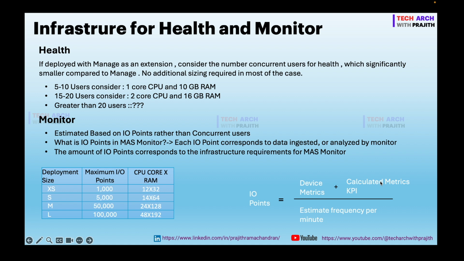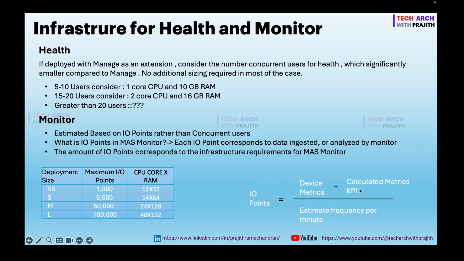So you need to add those together and divide by the estimated frequency per minute, right? So in a minute, how many ingestions are happening or how many calculations are being performed within the monitor ecosystem is the total result that we calculate as IO points, right?